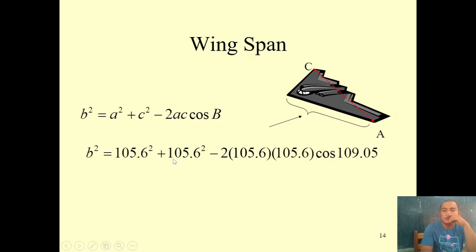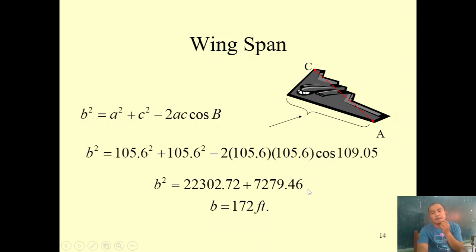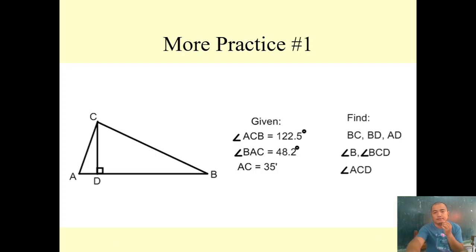So 105.6 squared plus 105.6 squared, since the other side is equal. So, 172 feet is the length of the wingspan, using the law of cosines.